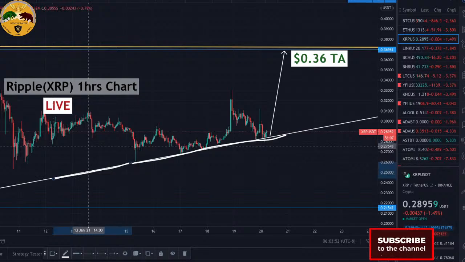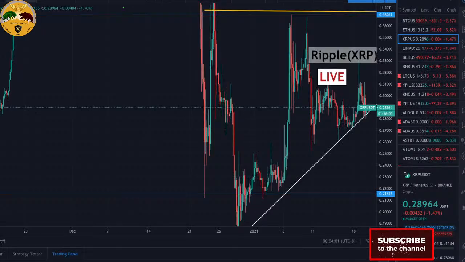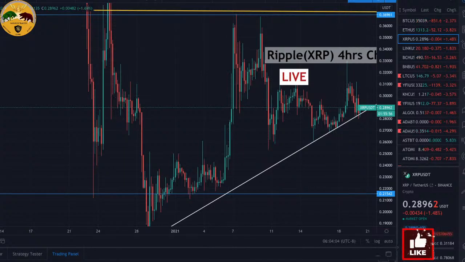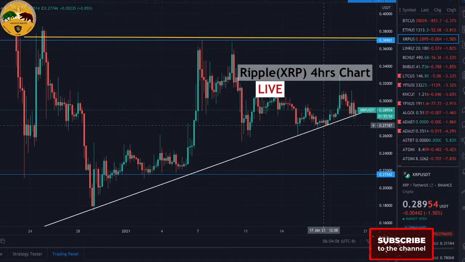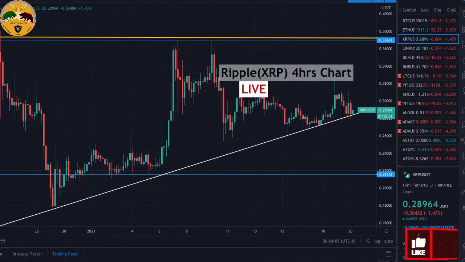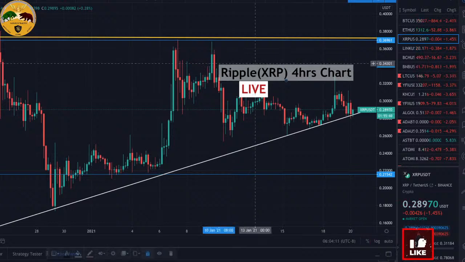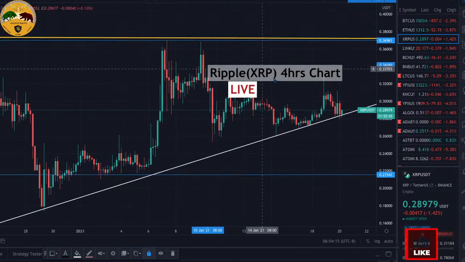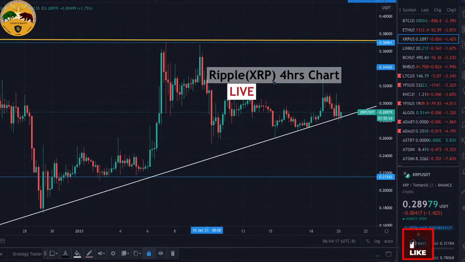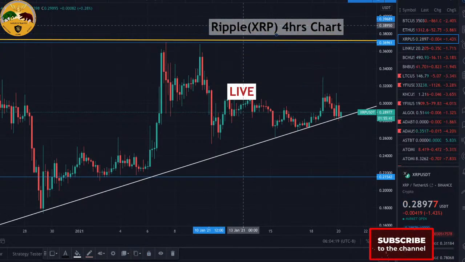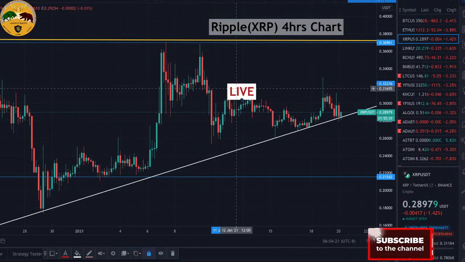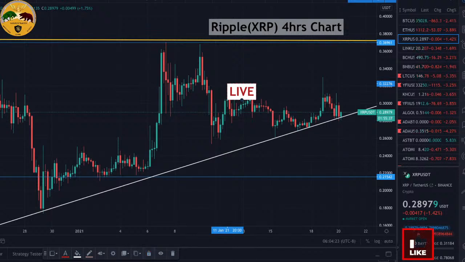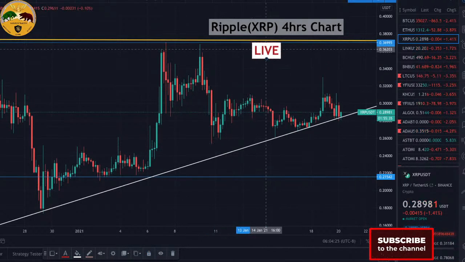If I go to the 4 hours chart, it gets very interesting. Why? Because this bull trend line has been clearly respected. The bulls are making higher lows as price keeps going up.